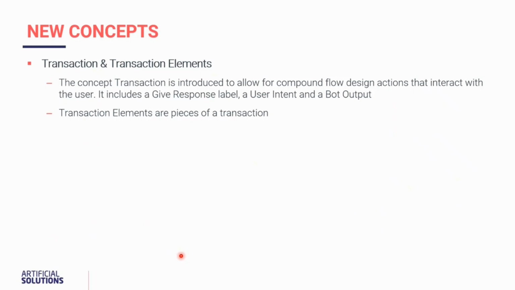A transaction element is a piece of a transaction. So if we only need a part of the full journey here, the full back and forward, then we can add a transaction element. So that's, let's say, a subset or a part of the transaction. So those concepts, you will find those now in the flow editor.